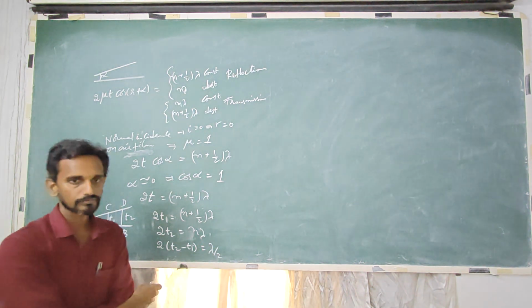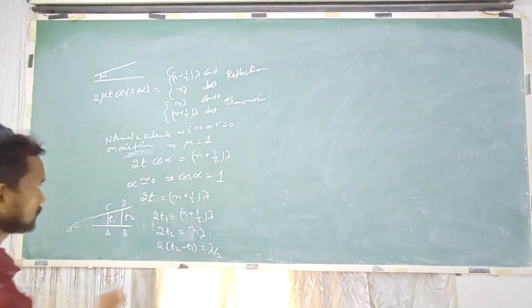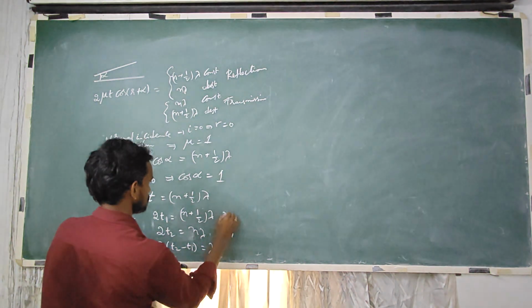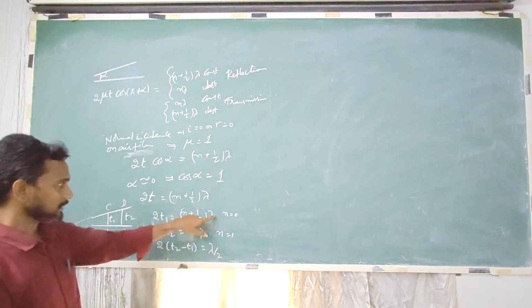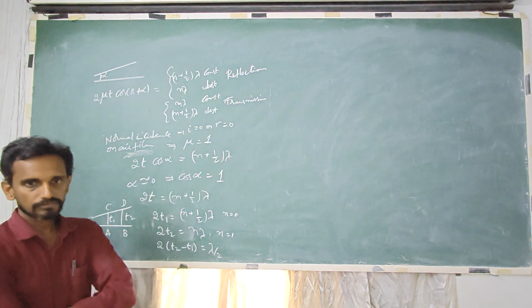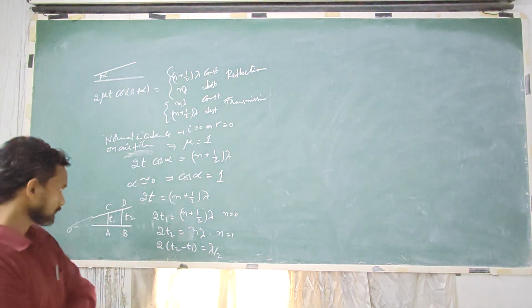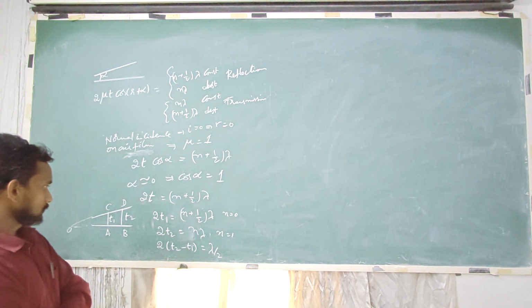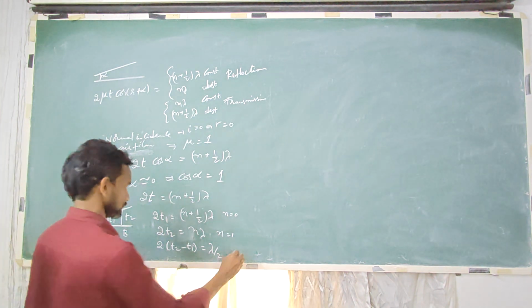The difference is lambda by 2. So here n starts from 1, here n is 0. So this is plus lambda by 2, this is 1 lambda. The difference is lambda by 2. So t2 minus t1 is lambda by 4.